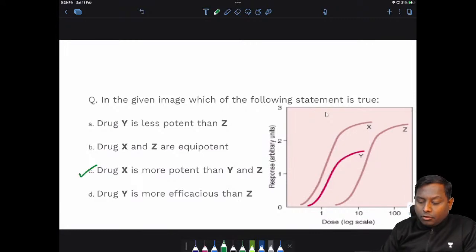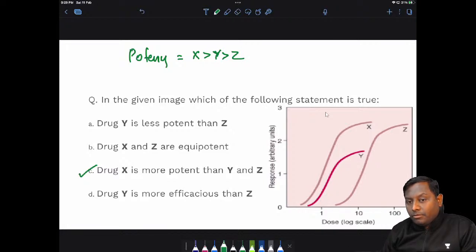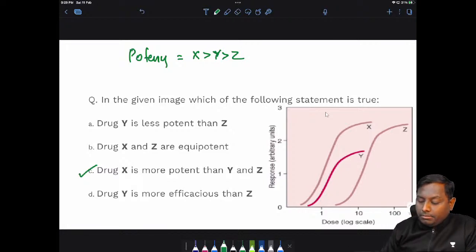X of course is more potent, because if you look at the potency order, it will be X followed by Y followed by Z. Potency is always looked at on the log dose.